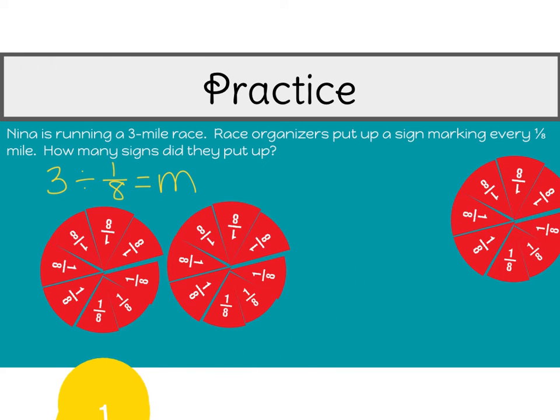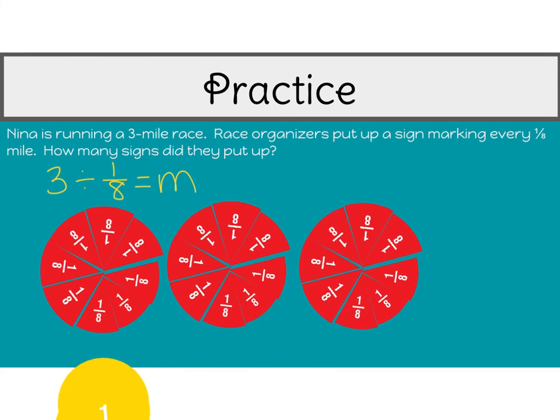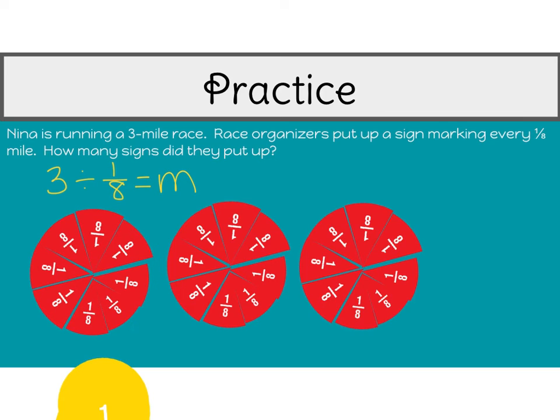Get rid of another mile and trade it for eighths. So we can figure out exactly how many of those we would have. We would have a total of 8 eighths in each one of those. And 3 times 8 would be 24. So we would have 24 signs for that problem.